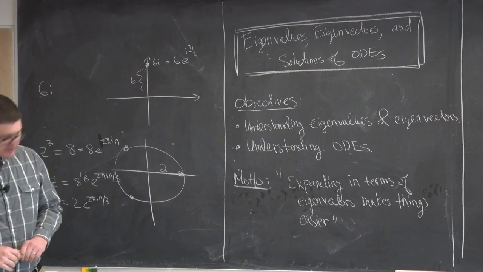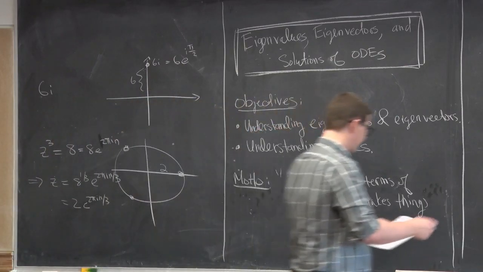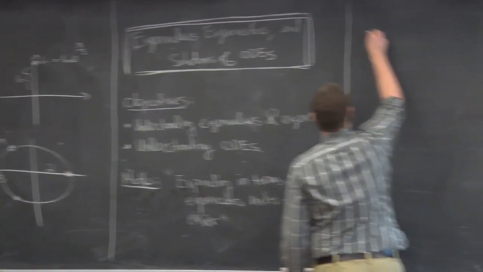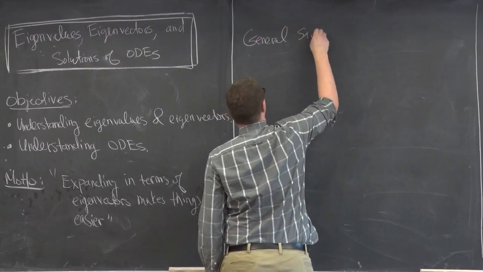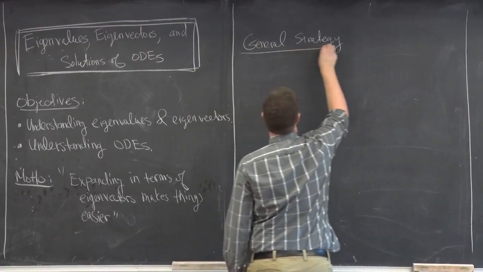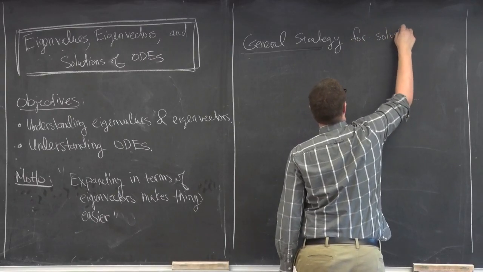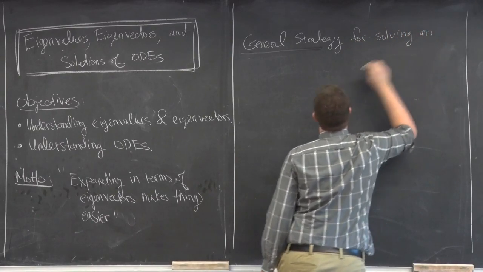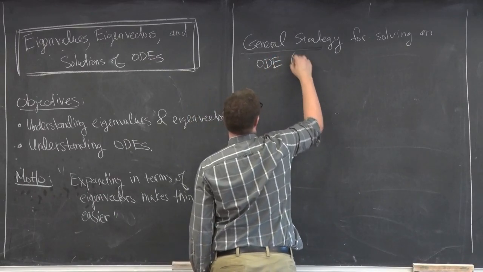All right, so let me give you the diagram of what we've been doing here. So like the general strategy was for solving an ODE, or finding the general solution of an ODE with constant coefficients.